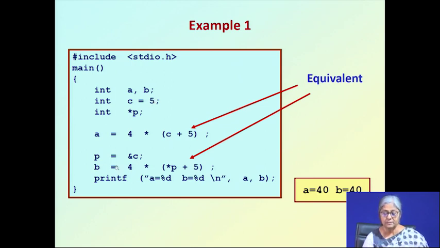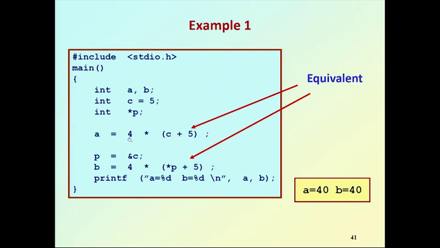Now if I give the assignment statement b equal to 4 * *p plus 5, *p is also 5, so it will be the same value. That is why the two are equivalent. a is 40, b is 40. These are actually equivalent. That means two different ways we are accessing the value and computing: c accessed directly or using the pointer. This example we read earlier.